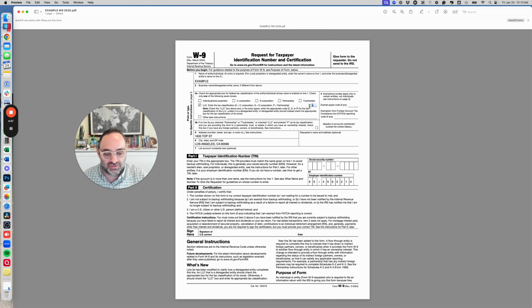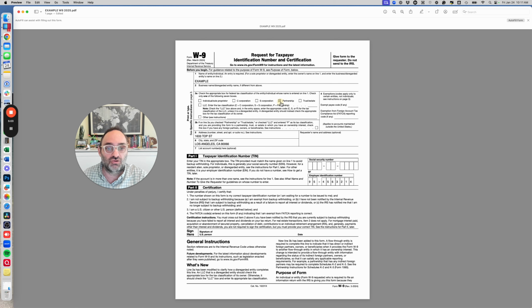So if there's an S in here for the LLC or there's a C in here for the LLC, no 1099. And then, of course, if it's a corporation, meaning it's XYZ INC as opposed to XYZ Company LLC, those people are going to check C Corp here or S Corp here. They don't get a 1099.